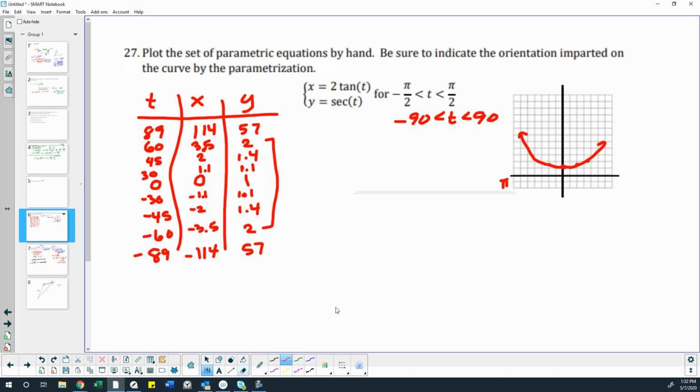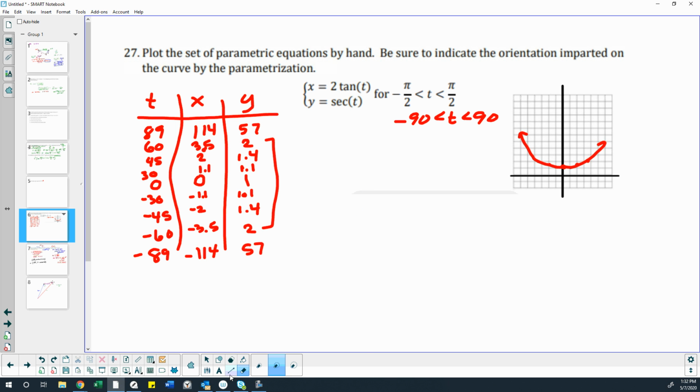That's just the parameter. So it's getting closer and closer to the point 114.57 and negative 114.57, but it never quite gets to wherever it would get closest to negative 90 and positive 90. It ends up having an asymptote.